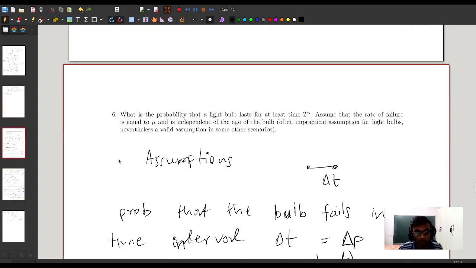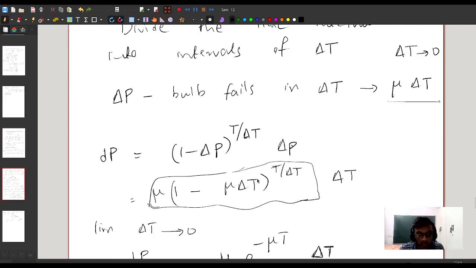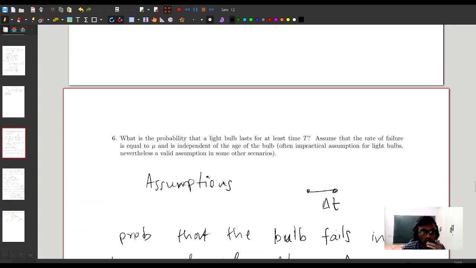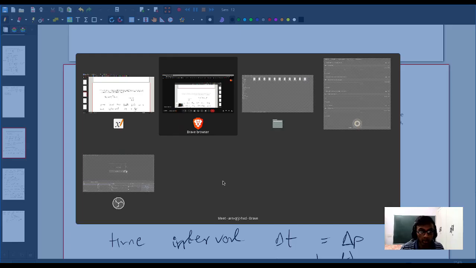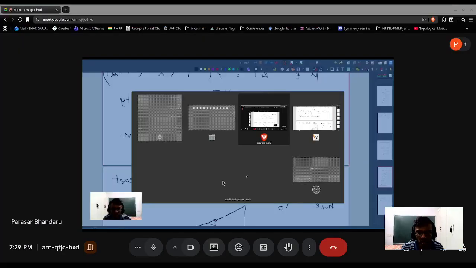We can say that this geometric probability distribution, which is a discrete probability distribution, has its analog in the continuum probability distribution in the form of this exponential distribution. Okay, so that is about this question.